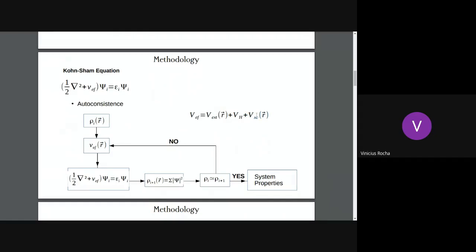The exact expression of the functional of the exchange and correlation energy is not known. So it's necessary to determine a good approximation for the exchange and correlation term, which is the most difficult term to interpret physically in density functional theory.